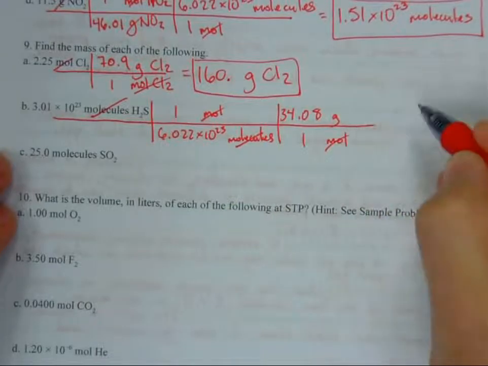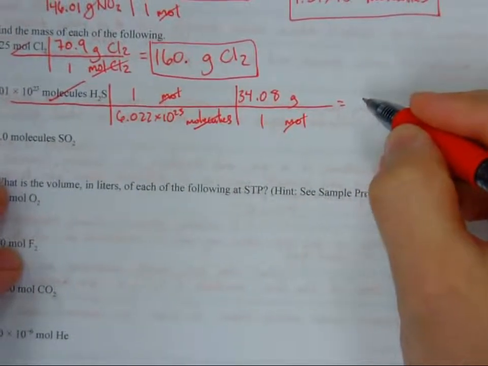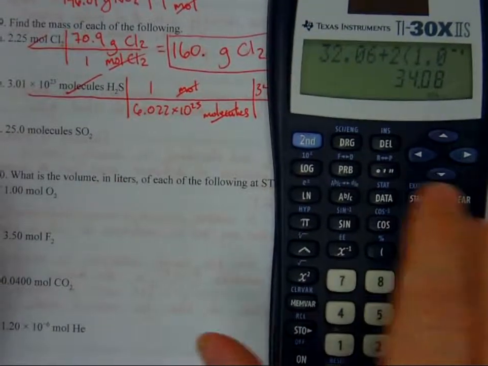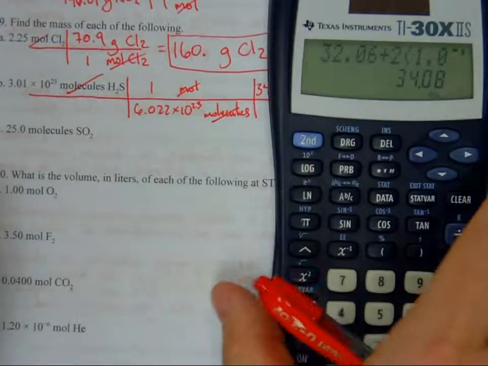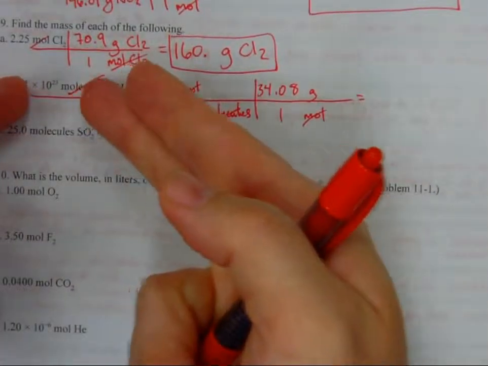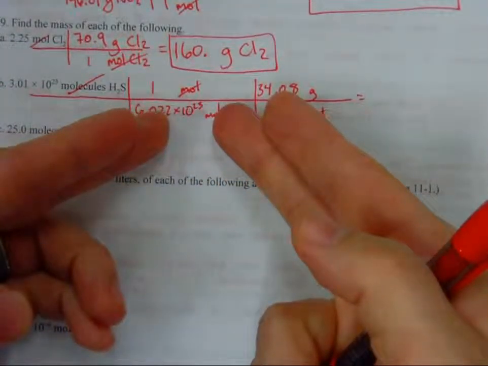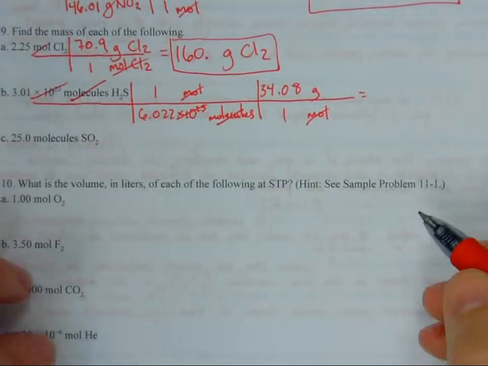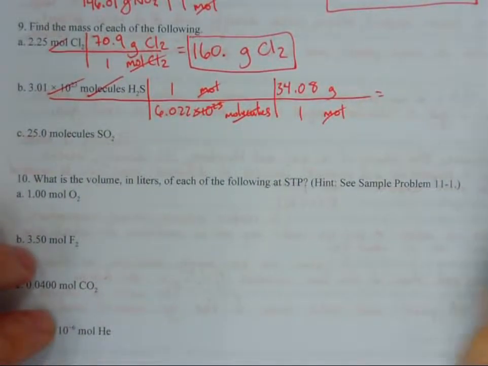Now moles will cancel with moles, and I'm left with grams, a mass. So let's plug everything in. Now again, I'm not going to mess with times 10 to the 23rd because I have a times 10 to the 23rd dividing by a times 10 to the 23rd, so they'll cancel. They will cancel, so I don't have to worry about them at all.